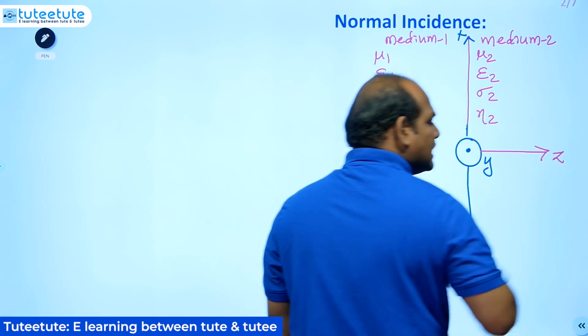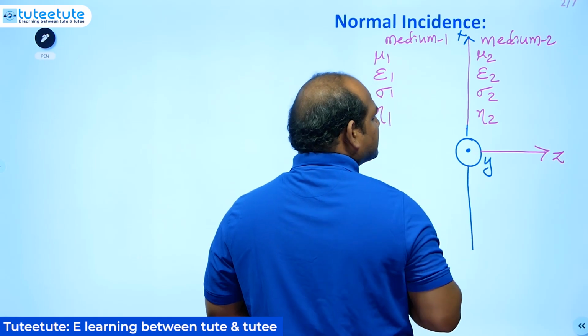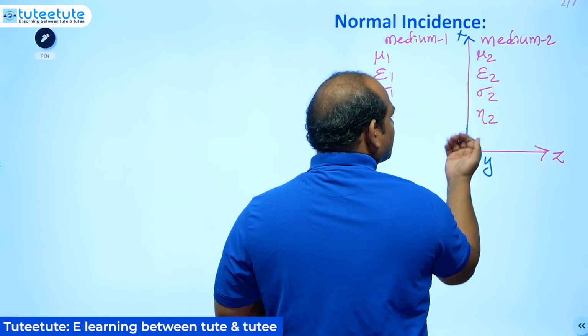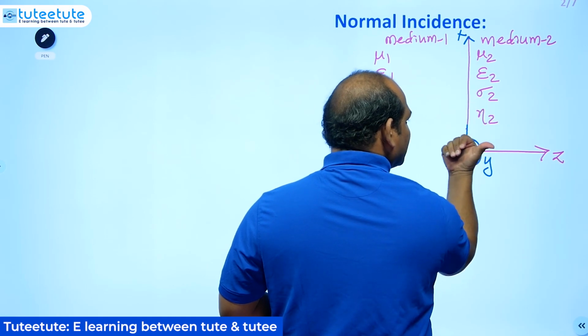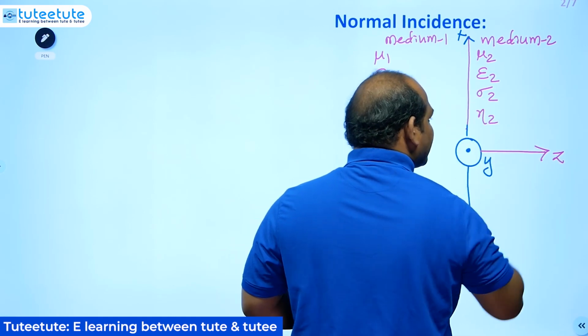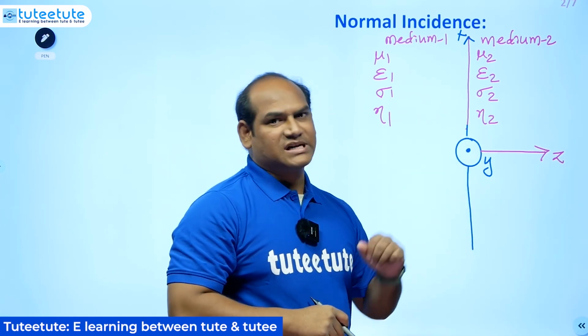We are following a right-handed coordinate system. So y is coming out of the screen, x is this side. We close the fingers from x to y, and the thumb represents the direction of propagation, so our z-axis is represented like this.